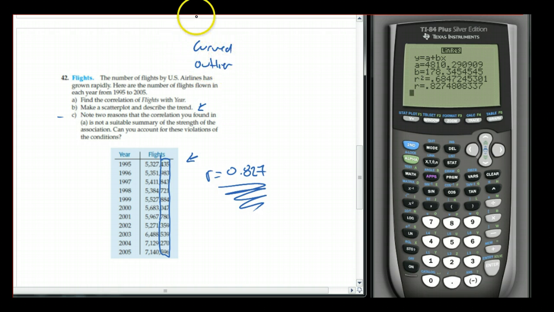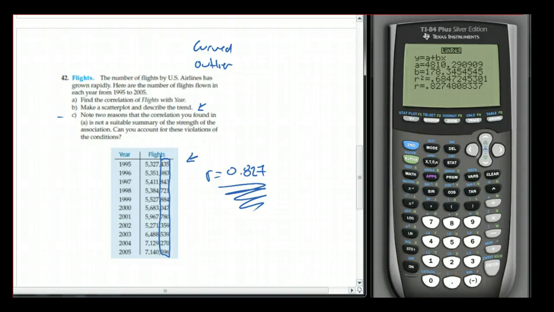So that breaks 2 out of our 3 conditions. Remember, our conditions are linear, no outliers, and what's the last one? That our variables are quantitative. In this case, the variables are quantitative, so that one's okay.